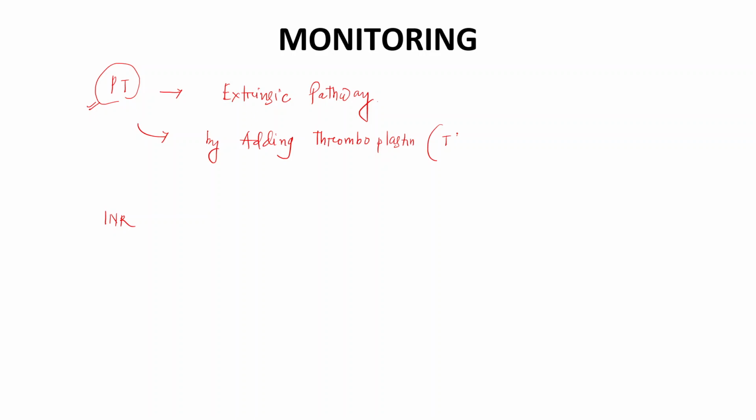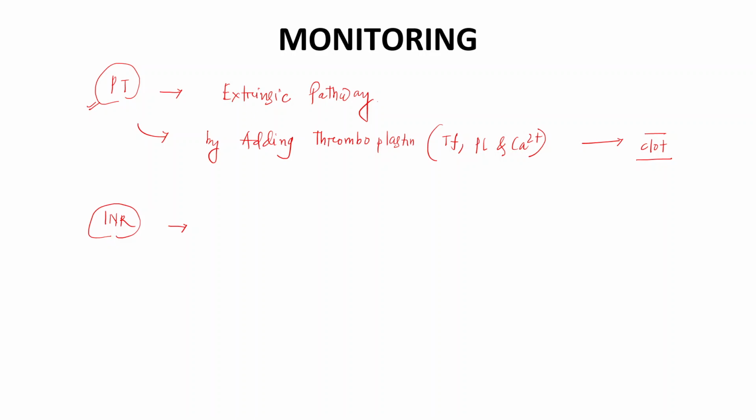This reagent contains tissue factor, phospholipid and calcium. Then we check the time for clot formation. INR is derived from the PT value itself. It's a standardized value comparing with the international standards.